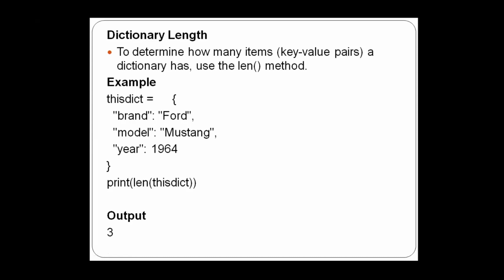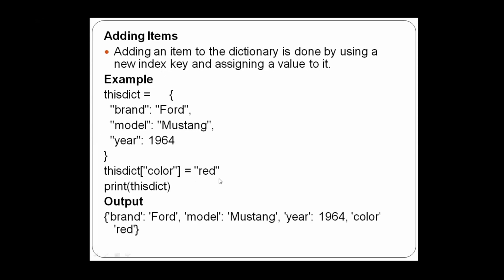And when I use len with a dictionary, it gives me how many key value pairs I have in my dictionary, right? In this dictionary, I have 3 key value pairs, so the answer will be 3 here. So len is a single function used in multiple ways. And can you add an element to a dictionary?